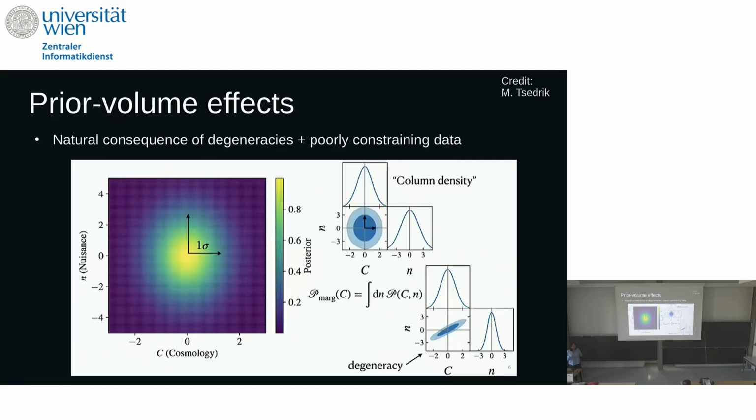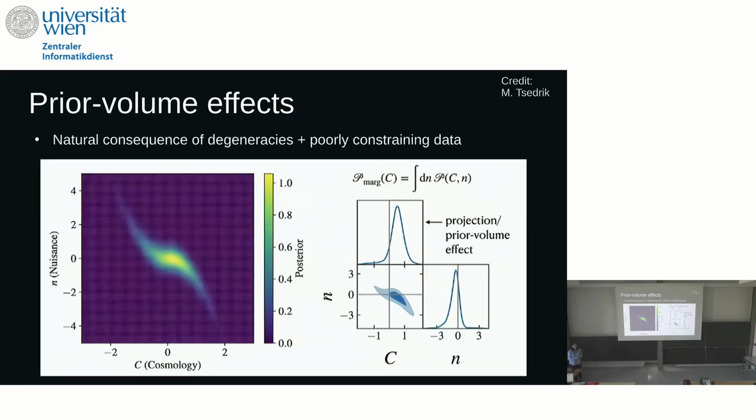In an ideal world, this posterior is a multivariate Gaussian, so we can just marginalize over the nuisance parameters and we get very nice Gaussian marginalized 1D posteriors from which we can get our best fits for the cosmological parameters. However, what happens often is that we have a lot of degeneracies between the parameters, and specifically between the nuisance parameters for the power spectrum, as I will show you in a bit.